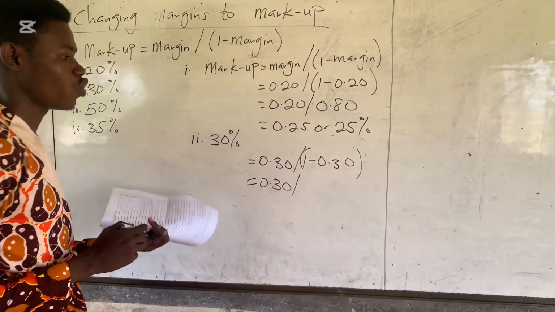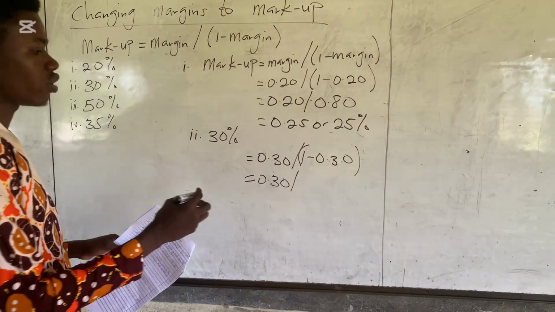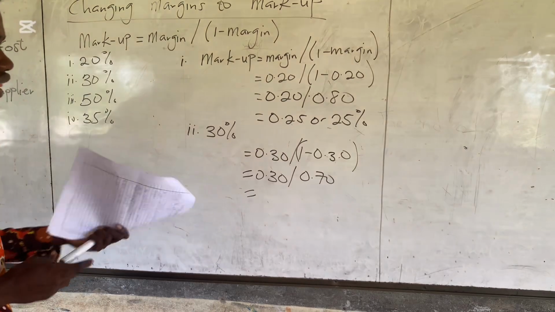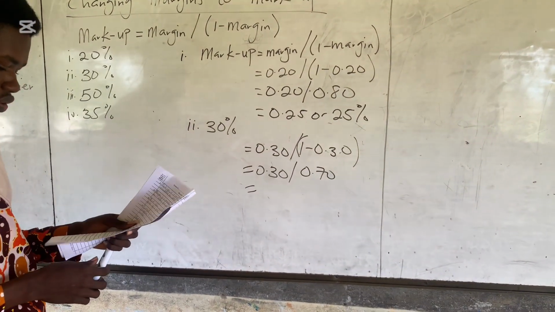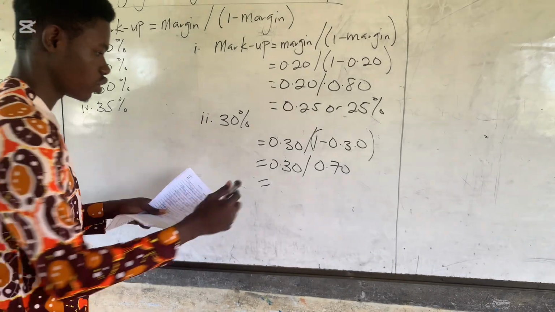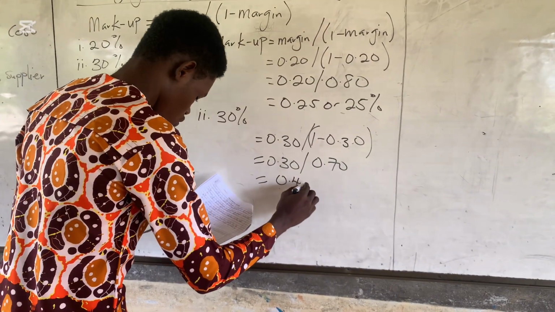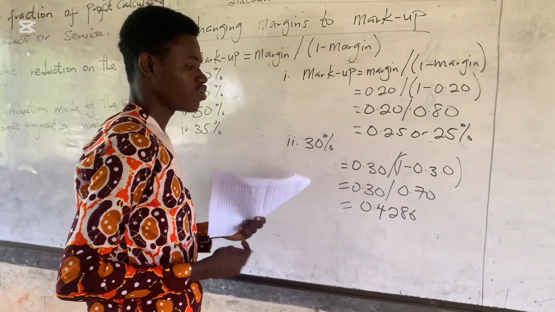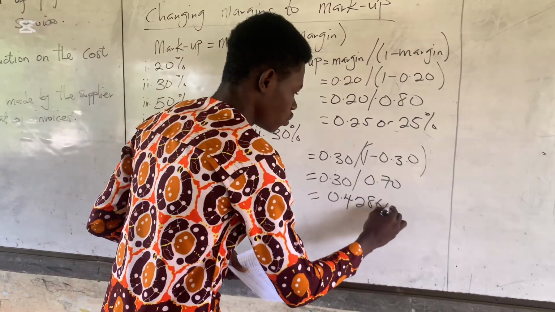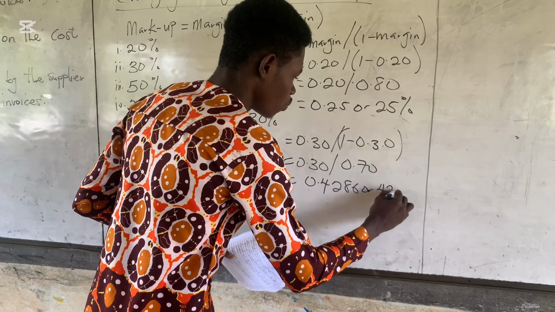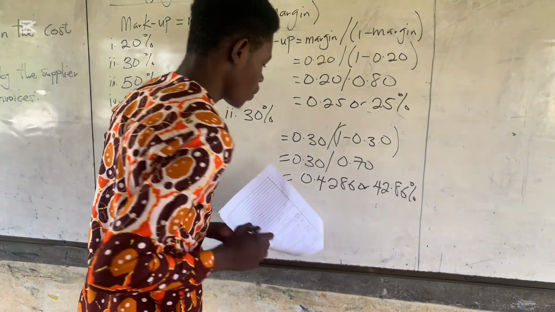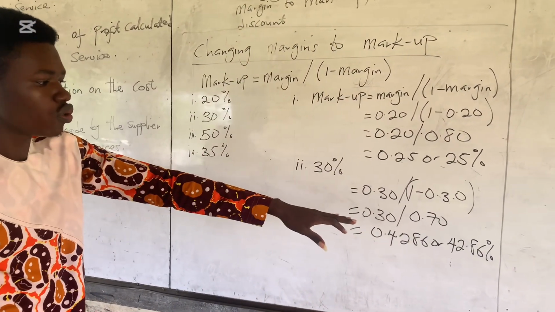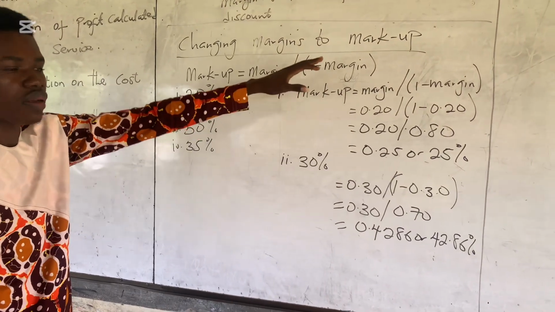When you subtract 0.3 from 1, you are going to get 0.7. So 0.3 over 0.7 gives 0.4286. To change this to a percentage, you multiply it by 100, which gives 42.86%. So a 30% margin is 42.86% markup.